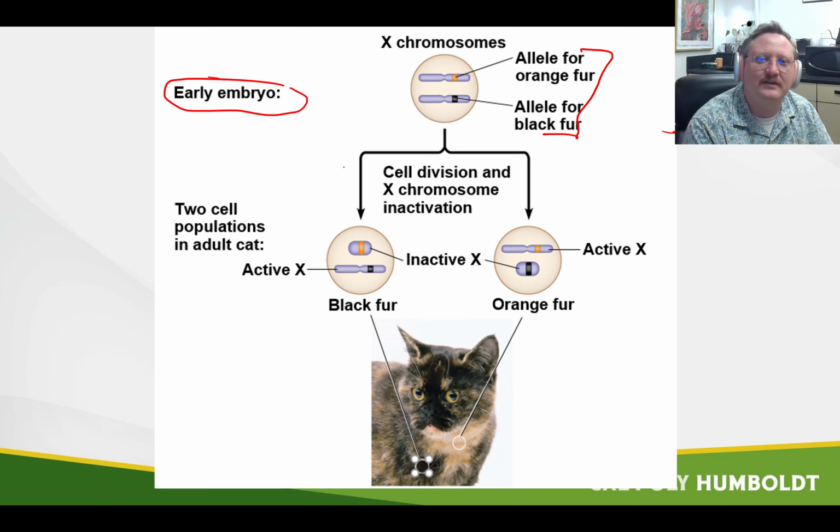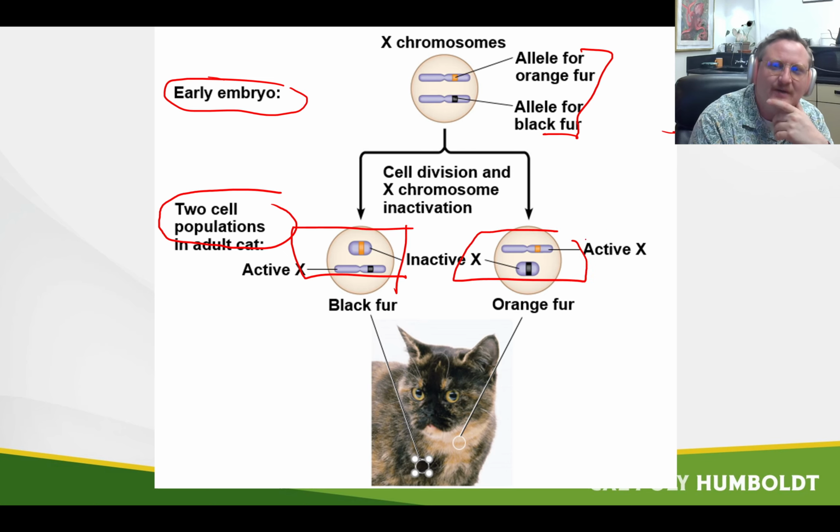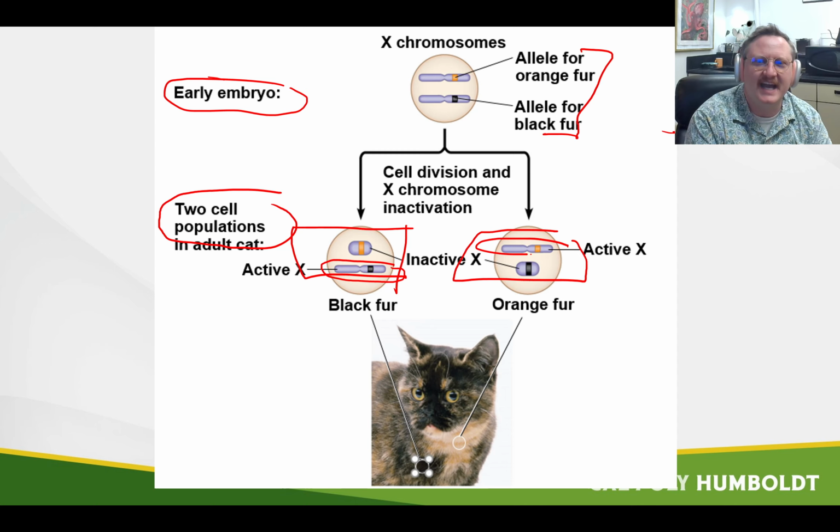As the embryo develops, you end up with inactivation of some chromosomes, and it leads to what we call a mosaic character, where some tissues in the cat have the X chromosome with the black fur allele being expressed, and some cells have the chromosome with the orange allele being expressed.